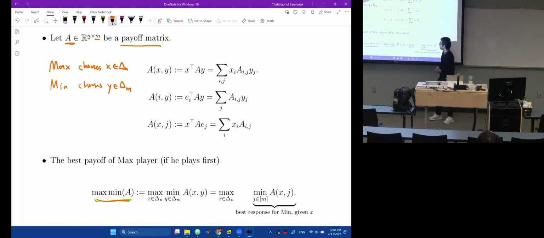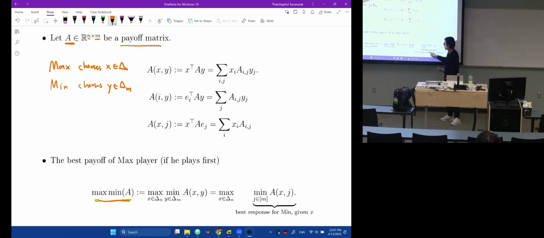The way you interpret it is that the max player tries to choose x, the distribution over rows, that maximizes the best response from min. That's the best thing max can do. Note that the best response from min, once x is given, can be deterministic.